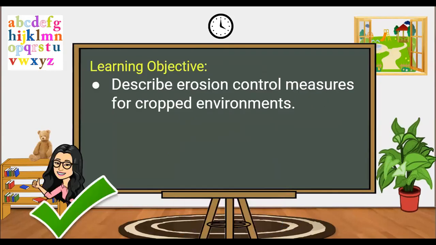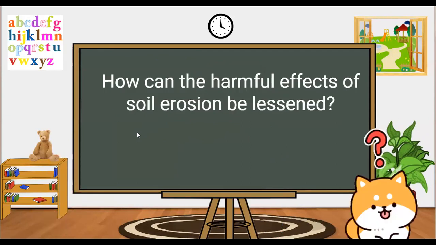So today we are going to describe erosion control measures for crop environments. Last time we talked about weathering, soil erosion, and the effects of soil erosion. Today, we're going to discuss how to control soil erosion.